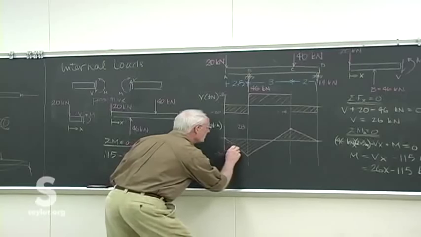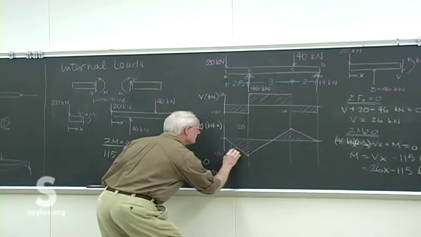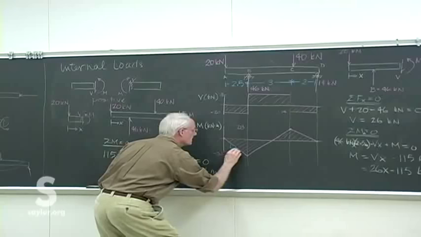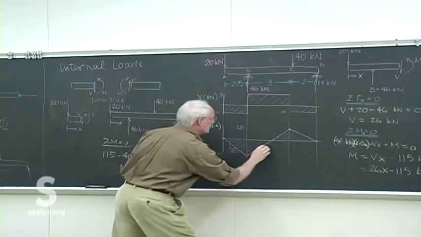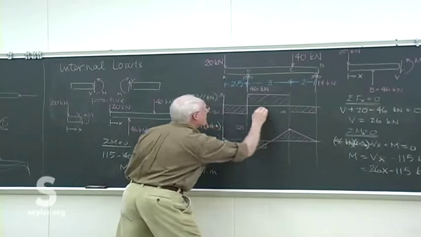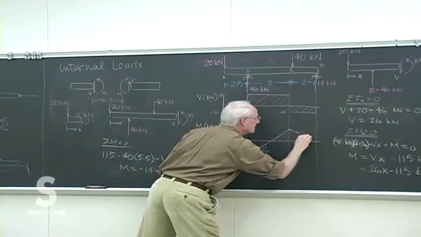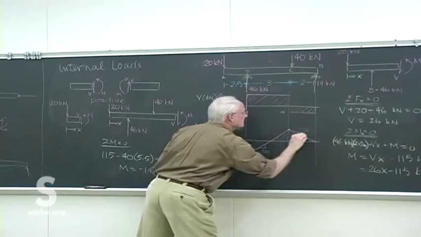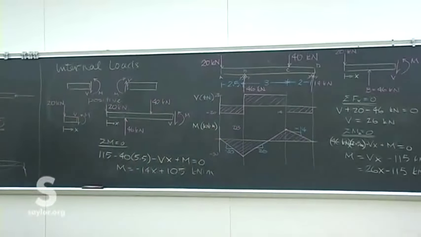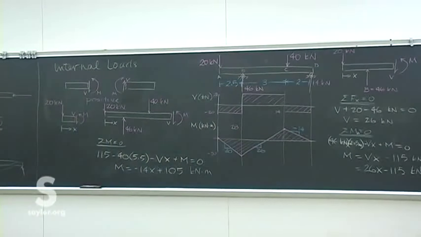Remember, the slope is V at any spot in the same place. So it's 26 there, minus 14. So the slope of the moment diagram is the same as the shear.